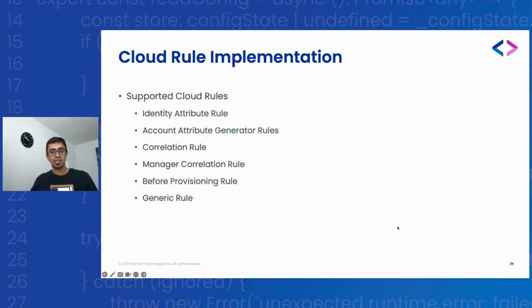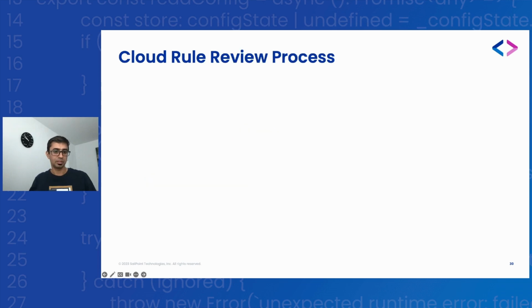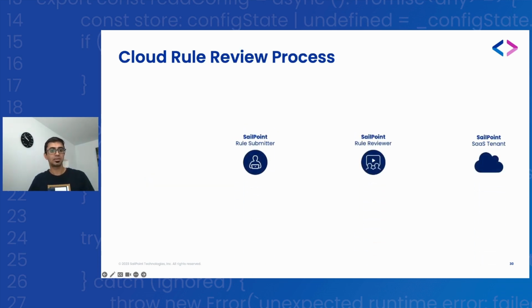Now, as I said, there is a review process. So let's talk about how that review process looks for the cloud rules. The review process starts from submitting the request from the SailPoint side, and the request will be reviewed by the reviewer team, right?